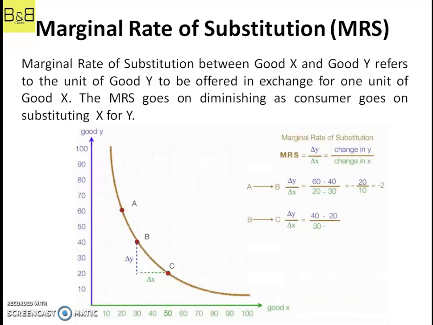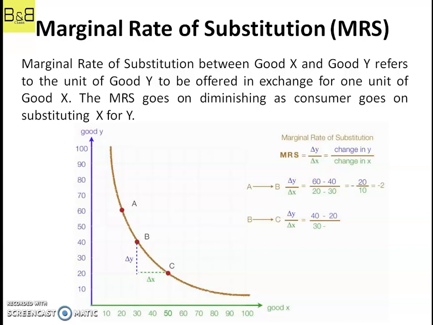If we see it in a graph, as we move from left to right on our IC curve, the rate at which a consumer will exchange X with Y goes on diminishing.